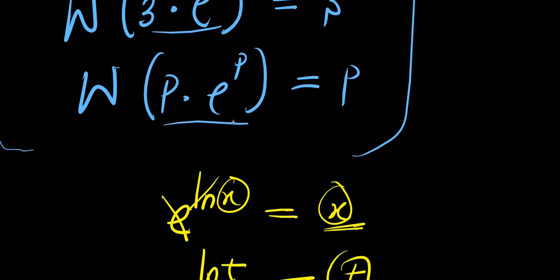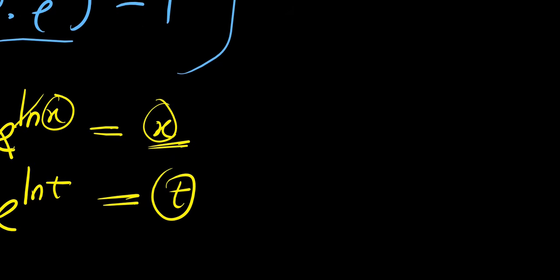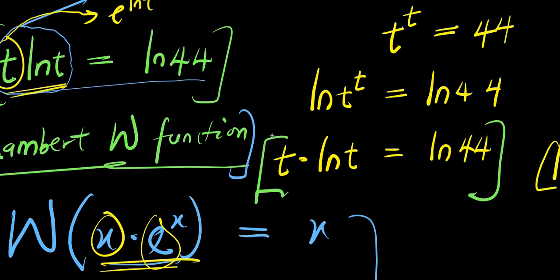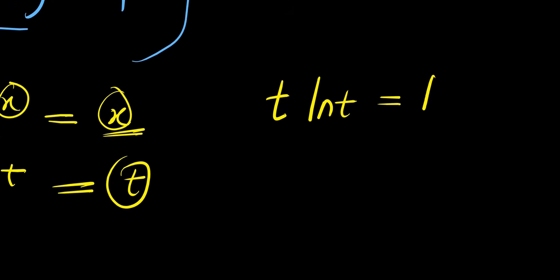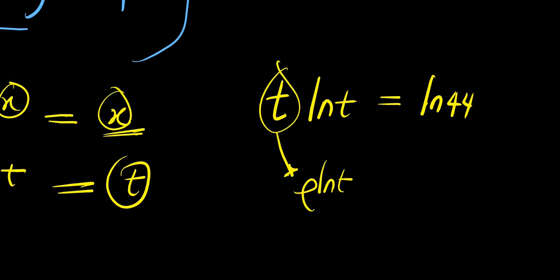So this means that t times ln t equals ln 44, the equation that you want to solve. Instead of writing t here, you replace it with e power ln t. So this now multiplies ln t, and this equals ln 44.